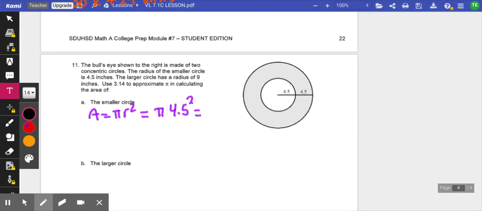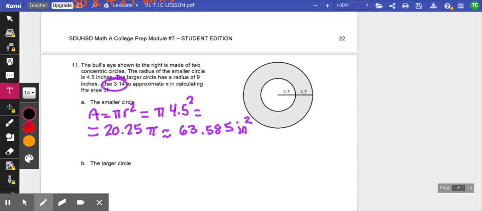So in my calculator, when I go 4.5 times 4.5, I get 20.25 pi. Then they said use 3.14, so times 3.14. And I get about, again, we're approximating because you didn't put all of pi in your calculator, 63.585, and this is inches squared.